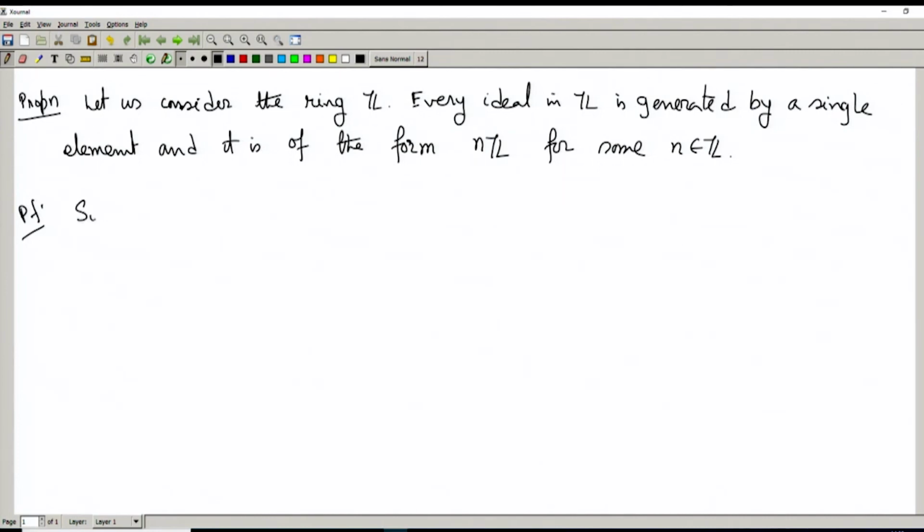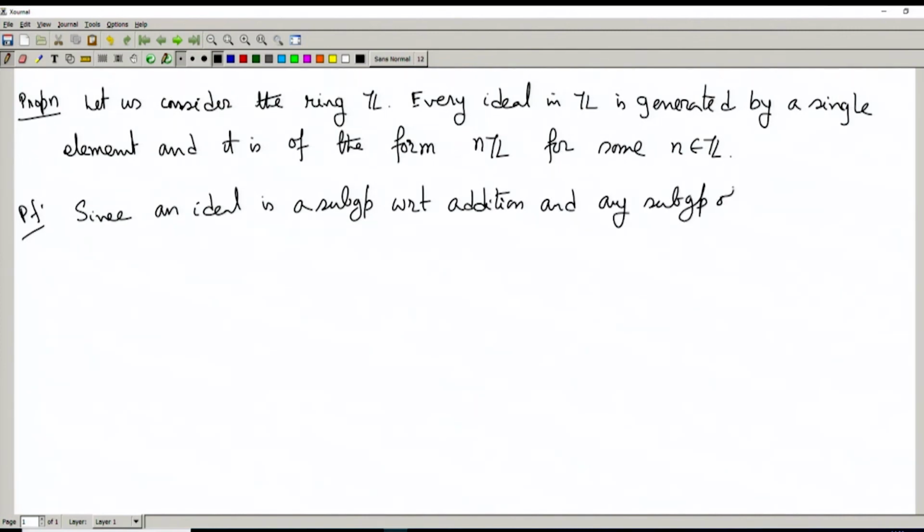So the possible candidate for the ideal is nZ.